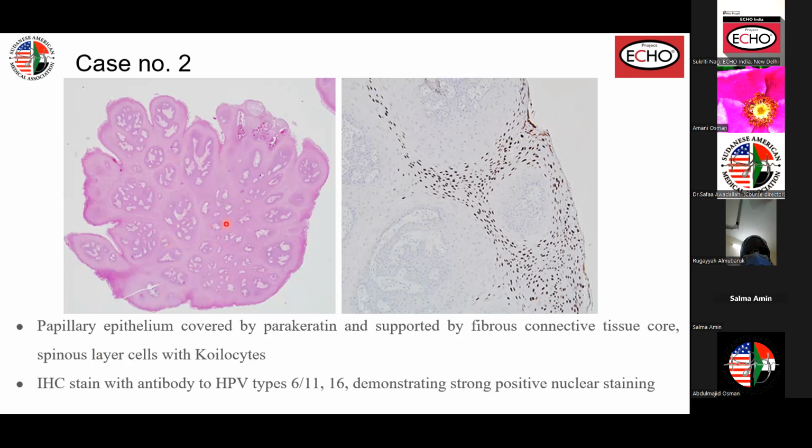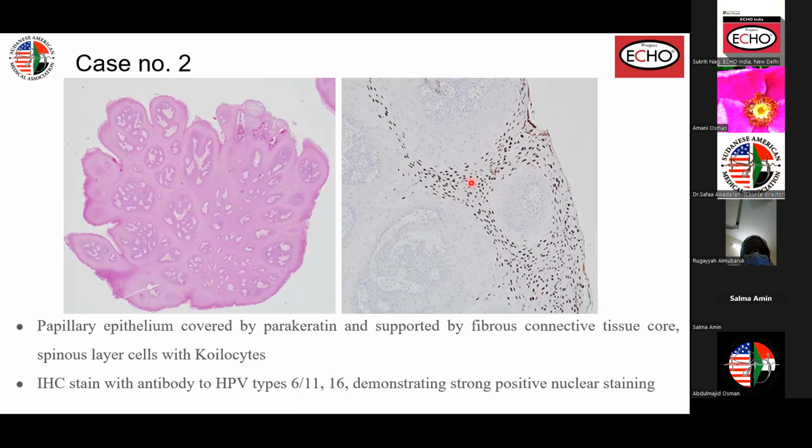And to find out the type of the virus that we're dealing with, there is a special stain. Immunohistochemistry was used, and the doctor used human papillomavirus antibody, and it tested strongly positive for subtypes 6, 11 and 16, which is demonstrated here by the dark staining of the nuclei.